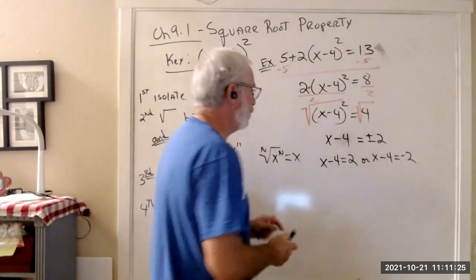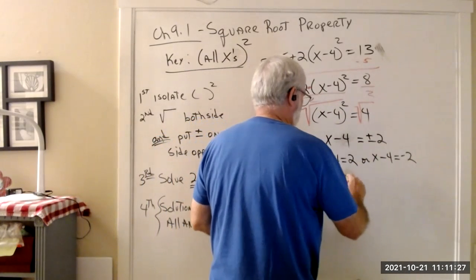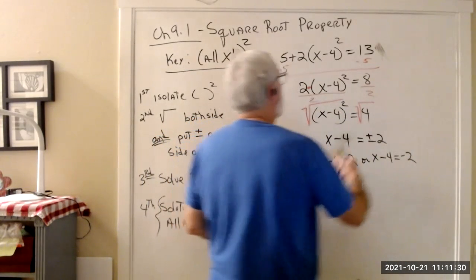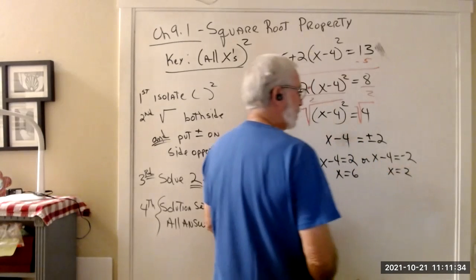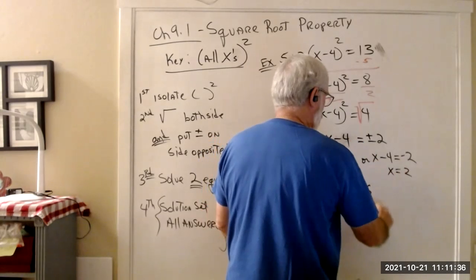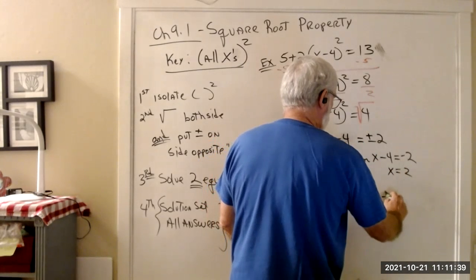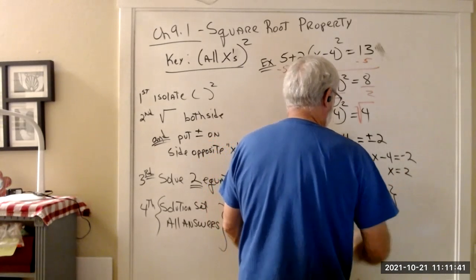So you solve, add 4, so you get x equals 6. This one here, add 4, x equals 2, because you added 4. So solution set, 6 and 2. And that's it.